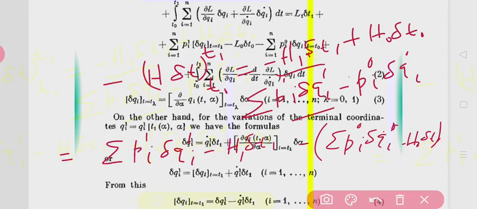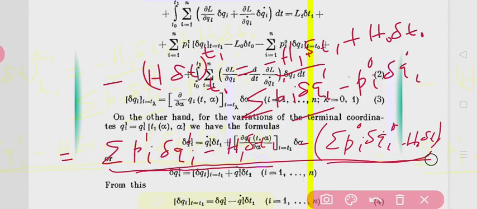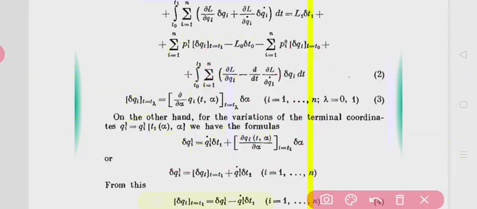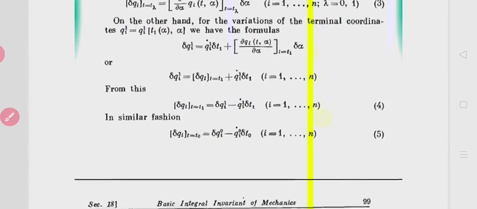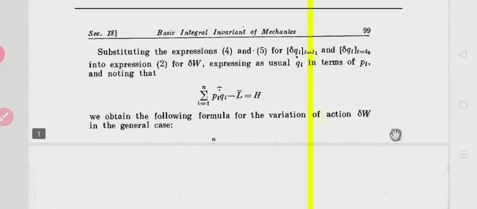Okay, so these terms we just give the notation, as value of p_i delta q_i minus H delta t at 1 minus value of this at t naught. In other words, I call this value of p_i delta q_i minus H delta t as 0 to 1. So by using the same process, after substituting the value, the same thing is written over here.